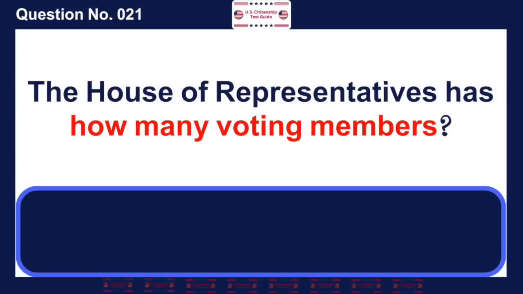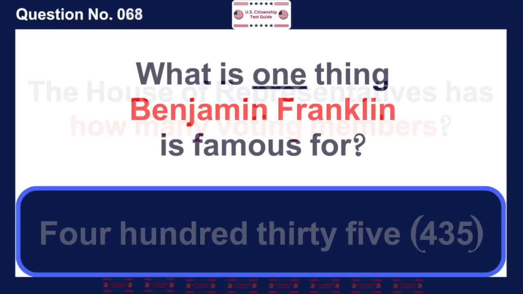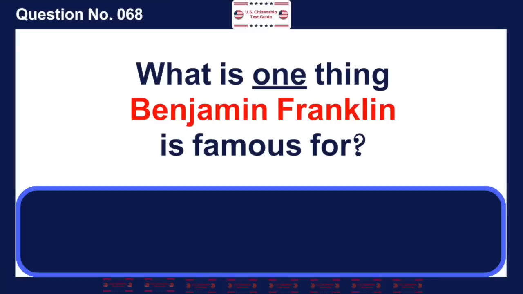The House of Representatives has how many voting members? 435. What is one thing Benjamin Franklin is famous for?